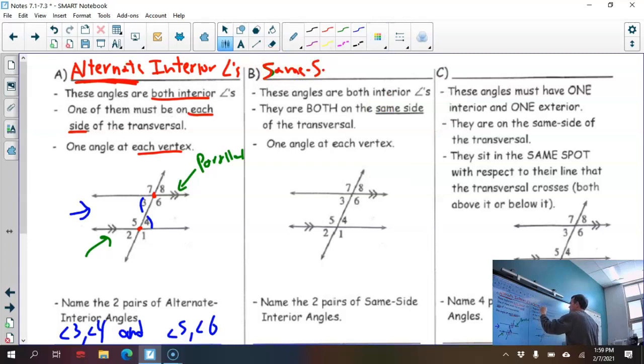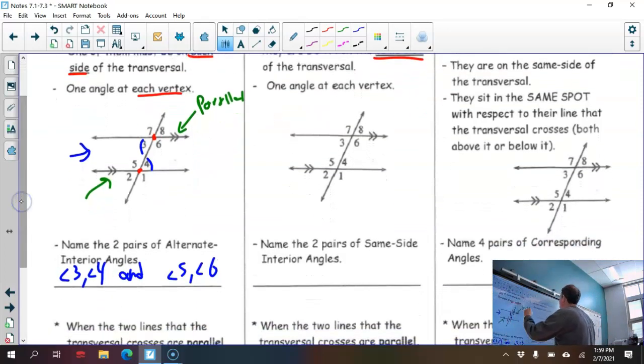Our second pair are called same side interior angles. I like the little angle symbol there with the apostrophe S. All right, these angles, again, are both interior, but this time they're both on the same side of the transversal.